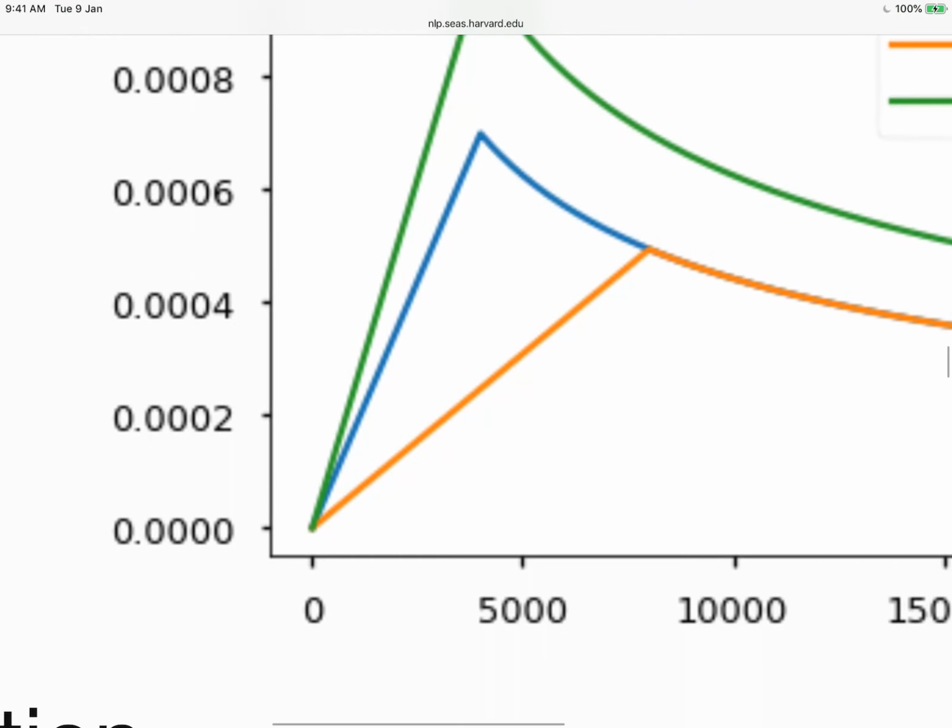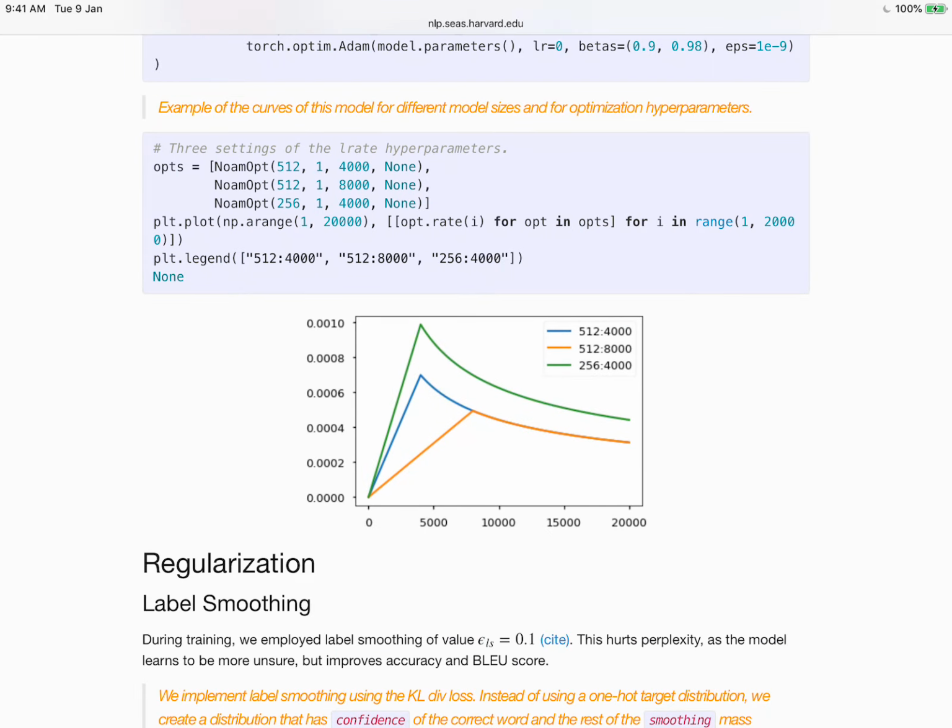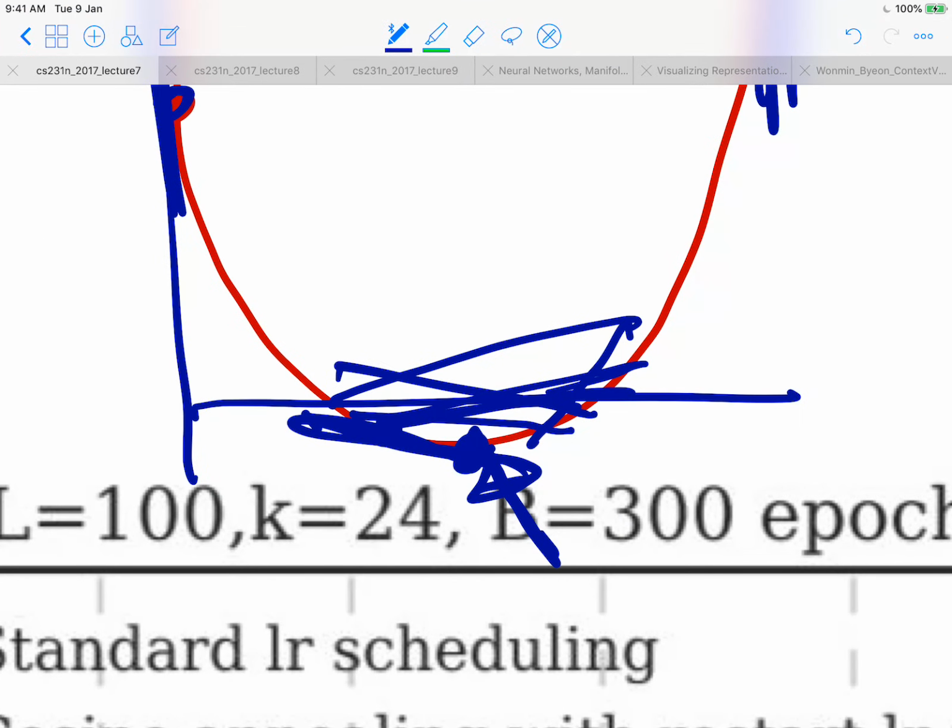So that way we basically use a small learning rate at first, and then if the gradient gets smaller and smaller, in order to give more momentum, more force, we use a higher learning rate. Okay, and then now we start to decay or decrease the learning rate, because it is assuming that we arrived at this region where the global optimum can be found by really fine-tuning that point, right?